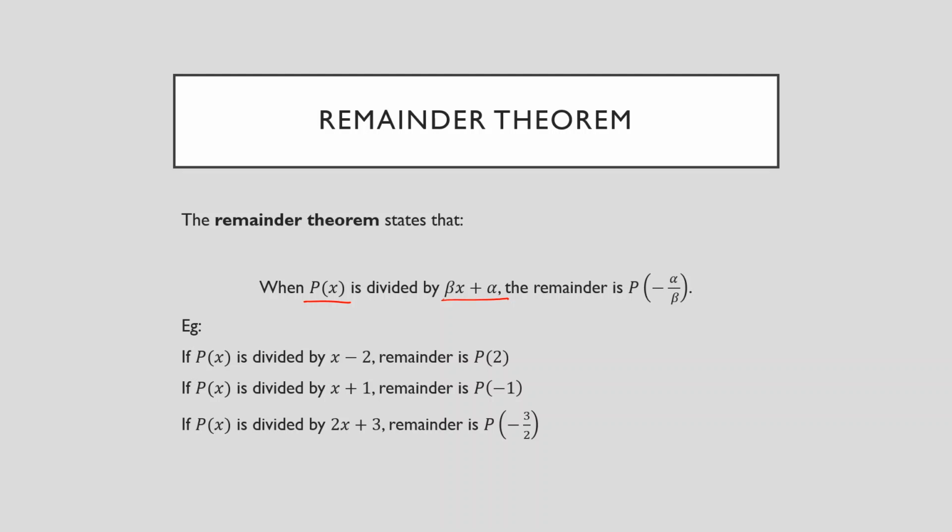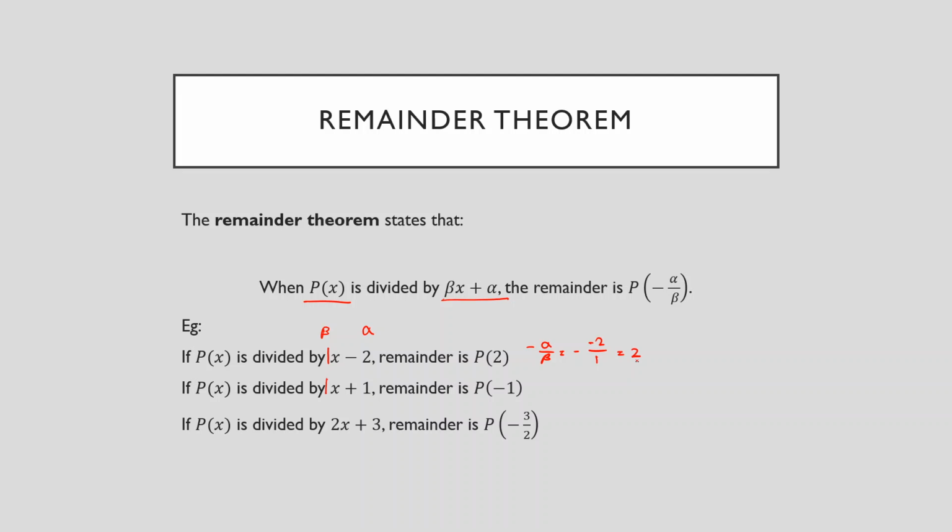Okay, so here are the two examples that we just showed you. Now just be aware that this is 1x minus 2 and this is 1x plus 1. Okay, so if that's beta and that's alpha, what this remainder theorem states is that if I substitute for this first one negative alpha over beta, so that is negative 2 over 1, which is just 2.